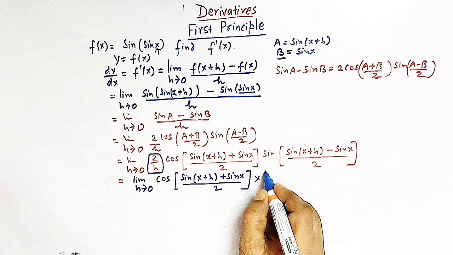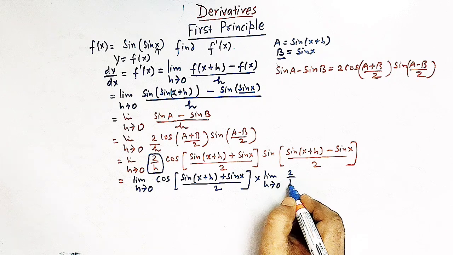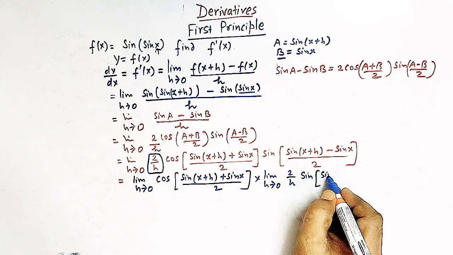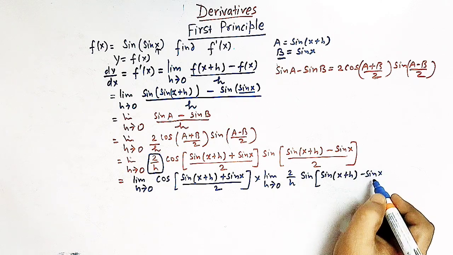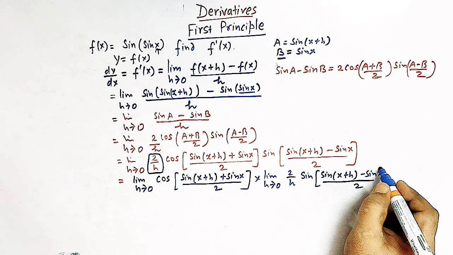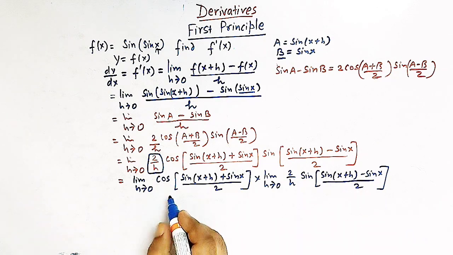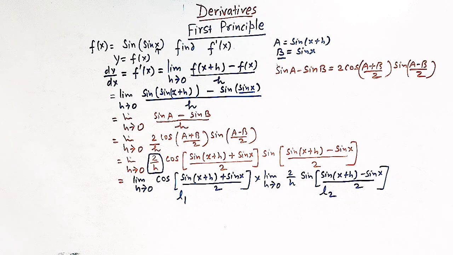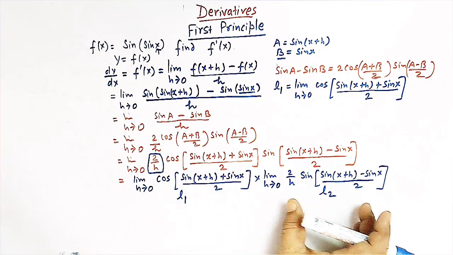So we can now write limit h tends to 0, and we have 2 over h and sine of sine x plus h minus sine x over 2, right? So now we have the product of two limits. Let us call this limit L1 and this limit L2. So now let us separately find out L1 and L2.